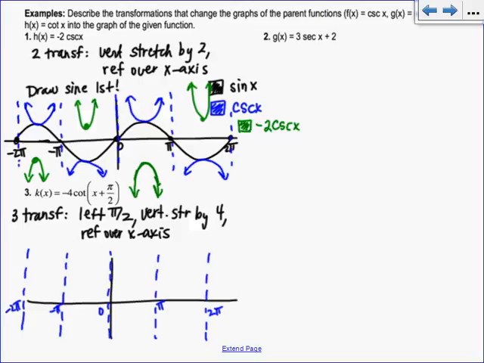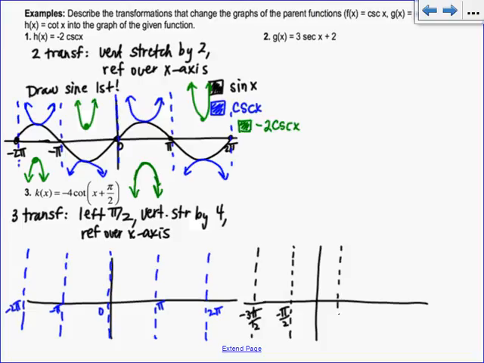But I'm going to the left pi over 2. I shouldn't have drawn on all these dotted lines. So I'm really going to be, let's draw it over here, at negative pi over 2, negative 3 pi over 2, pi over 2. Do you guys see what I'm saying? And 3 pi over 2.